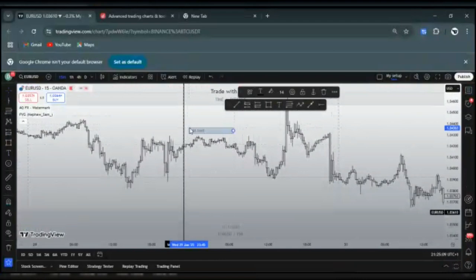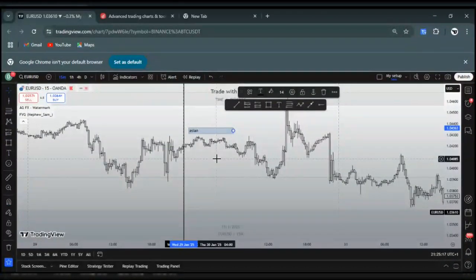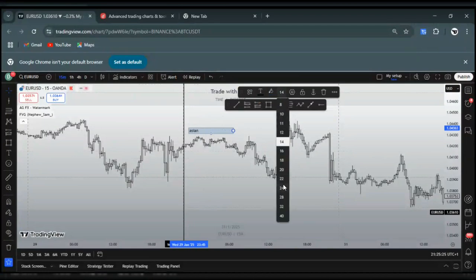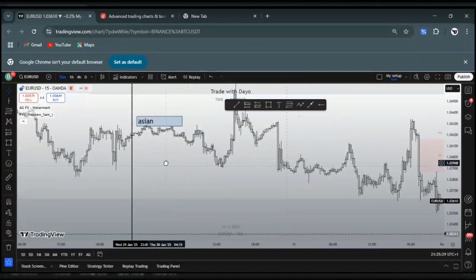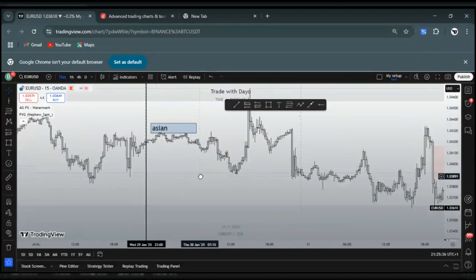Asian session is mostly early in the morning from midnight. Because we are Nigerians and we are using similar time with the UK, Asian session is going to be around this side, from midnight to daybreak.